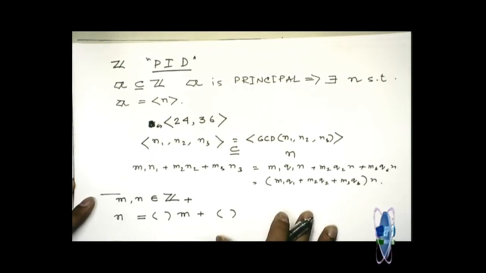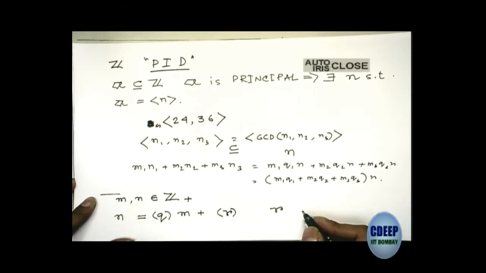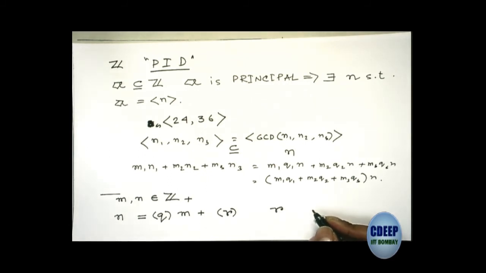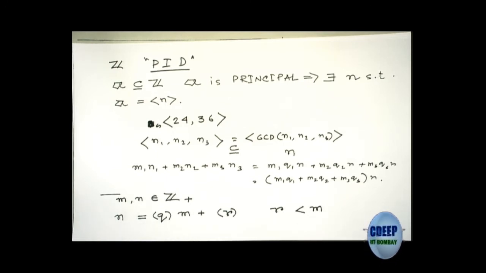You can write quotient and remainder, Q and R, which should satisfy: where is degree? These are integers. R should be less than m, the divisor m. R should be strictly less than m. These are all positive integers, remember. Now can you do the proof?